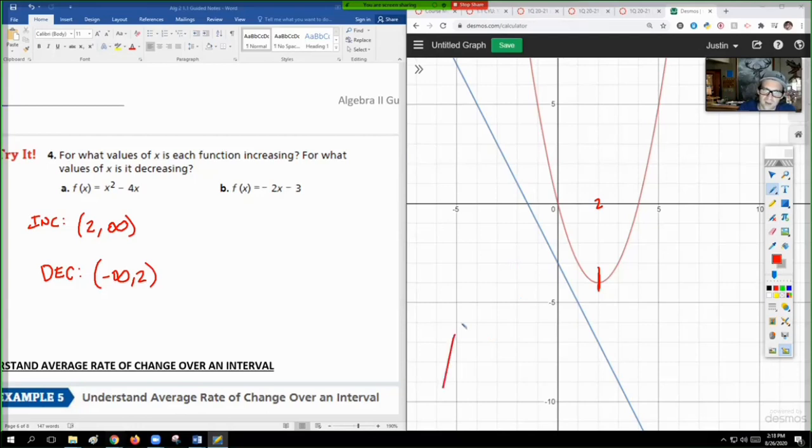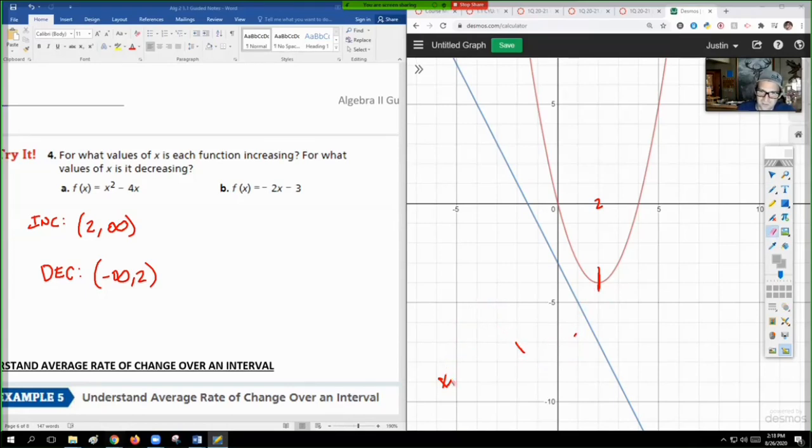So if you had a graph that went up and then down and then back up, we would have 3 parts, because we would have 2 times where it increases and only 1 time where it decreases, which brings us to the next problem. We look at B, the negative 2x minus 3.